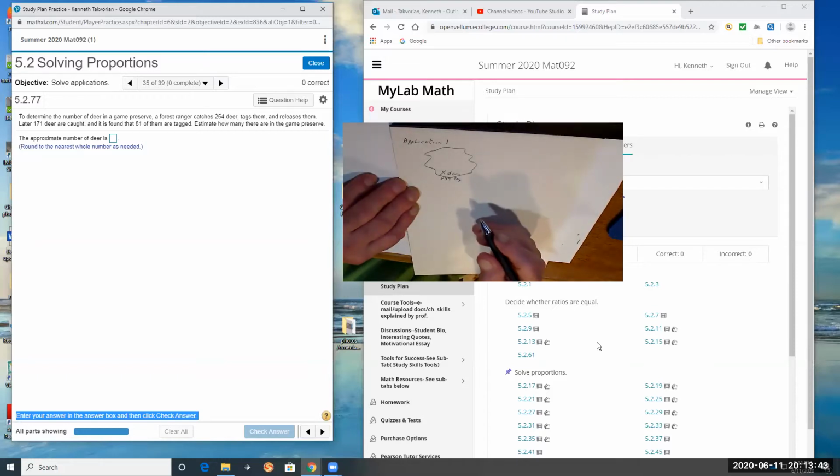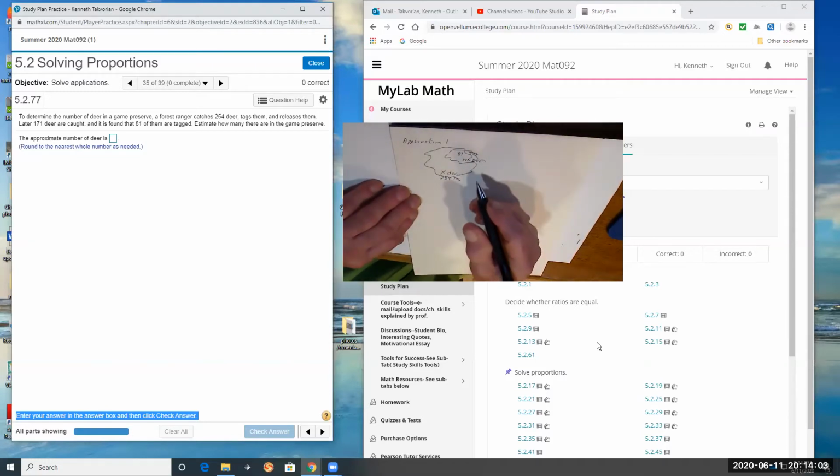We then catch a new sample set of deer. And in that new sample, there are 171 deer. But of those 171, 81 of them are tagged. Okay, so now we need to set up a proportion between the sample and the full-size forest.